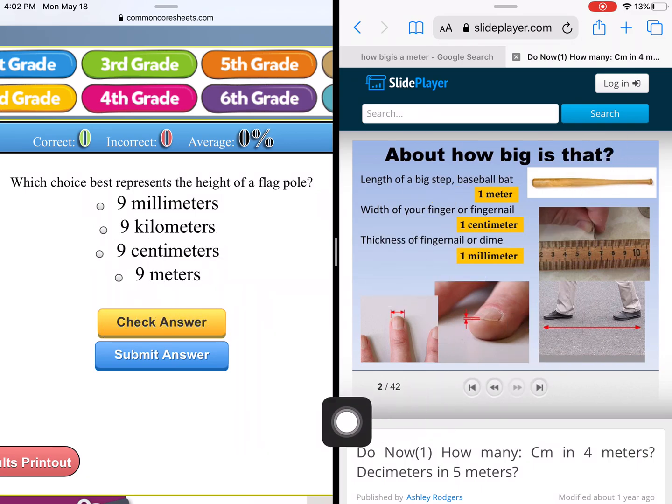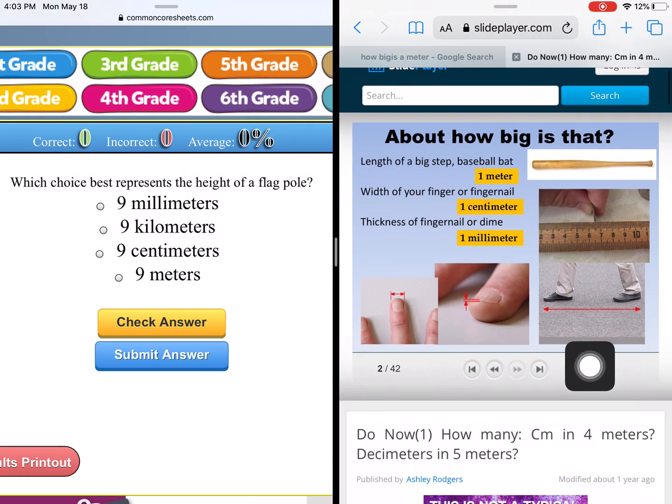So this is something I have that might help you. We have learned that the length of a meter stick, it's that long stick that your teacher had in class, that's like the length of a baseball bat, is about a meter. So is a flagpole 9 meters? The width of your fingernail, that's this picture here, the width of it going across, is about a centimeter.